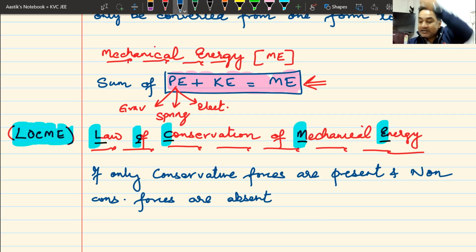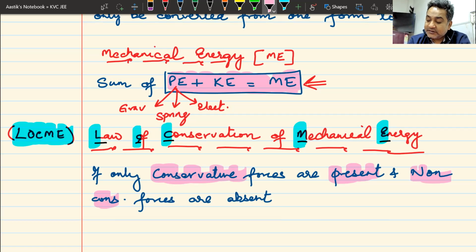So I'll add two conditions here. First condition is only conservative forces are present. Second condition is non-conservative forces are absent.